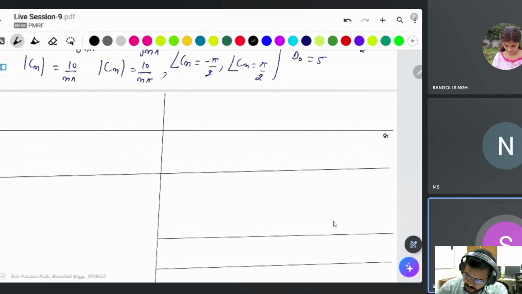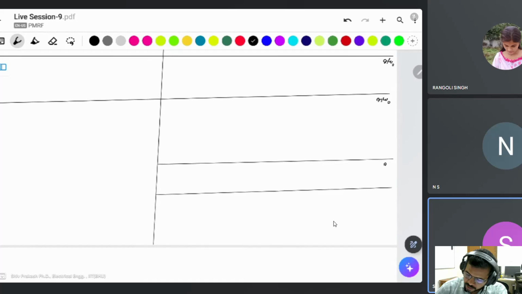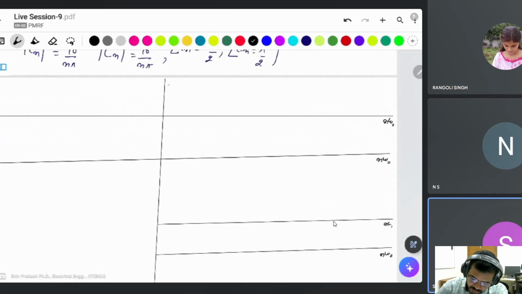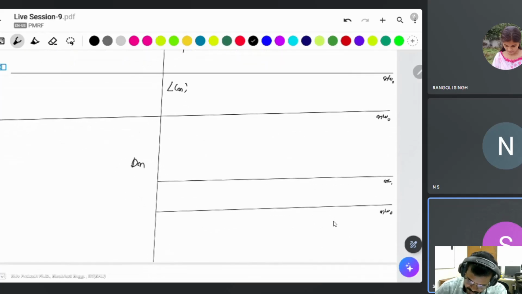On the axis, n omega naught values are marked. This is the magnitude of Cn, this is the angle of Cn, magnitude of dn or dn, angle of dn or theta.